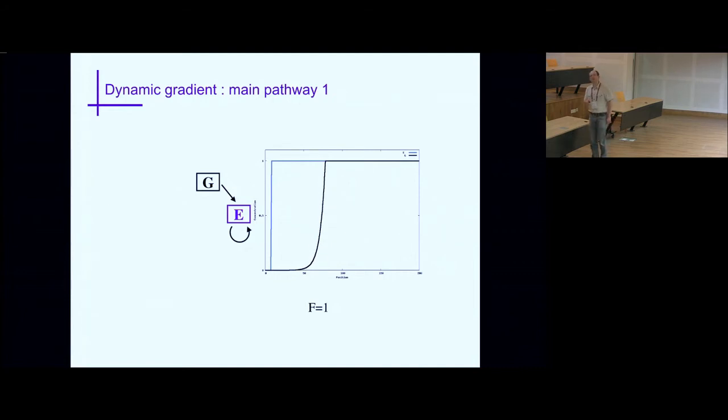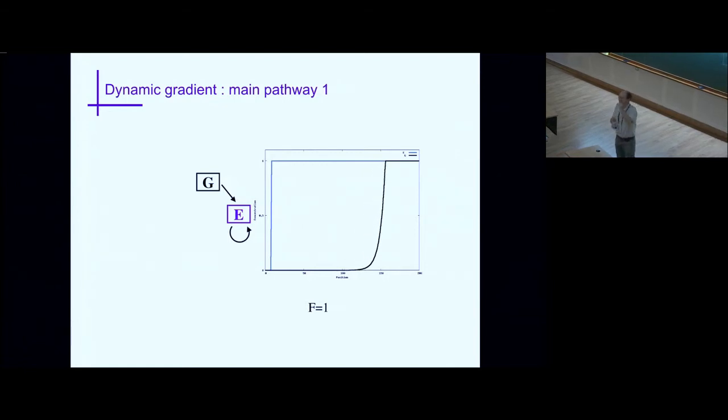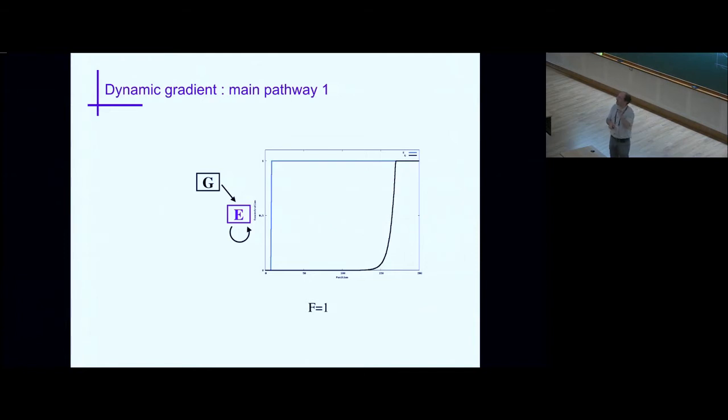How do you know that the front is coming here? Well, I impose the front dynamics. The front dynamics is completely imposed. The way you should think about it is that these different cells, you could think about them completely independently. It's just a matter of initial condition and of G dynamics.